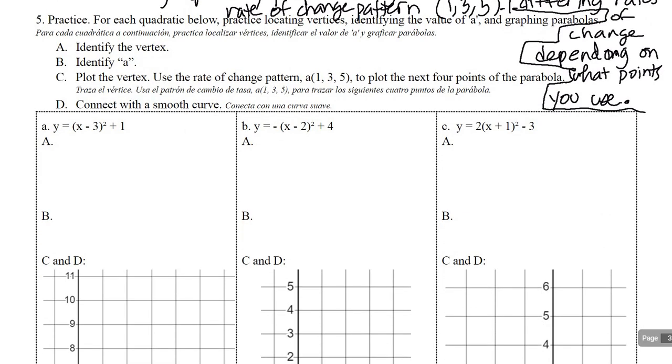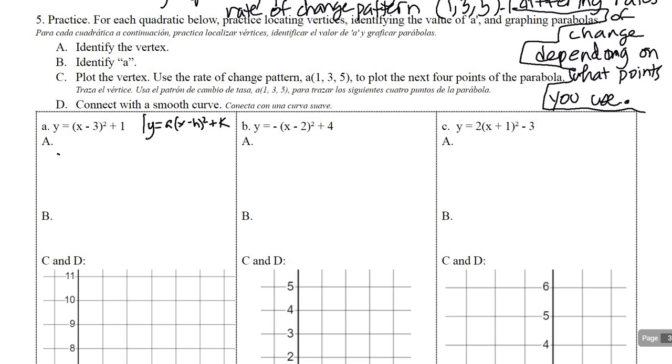So for each of these quadratics, we're going to identify the vertex, identify a, plot the vertex, and then use our pattern to get the next 4 points in general. Okay, so here we have y equals (x minus 3) squared plus 1. This is using the graphing form, so I'll write that here. y equals a(x minus h) squared plus k.